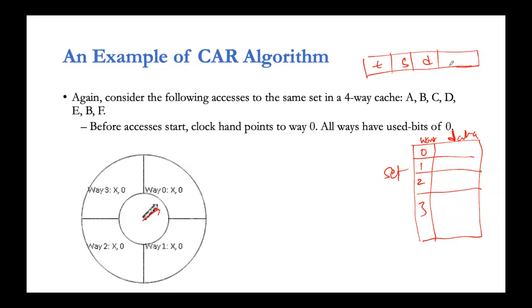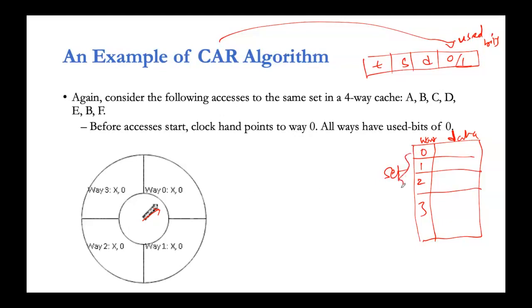Along with that, the CAR algorithm uses used bits, which are 0 or 1. 0 means it is not used recently. 1 means it is used recently. So in this algorithm, there is one handle. It starts with way 0.